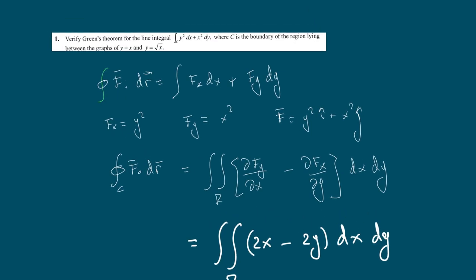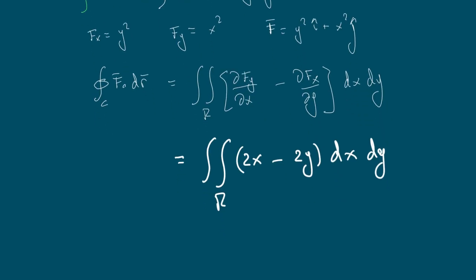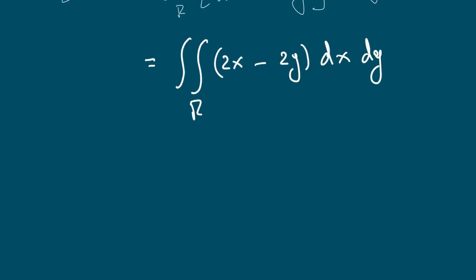The problem says that there are two curves, y equals x and y equals square root of x. So for what region is this integral? The region is y equals x, y equals square root of x. That looks something like this. Let's draw it a little bit more.